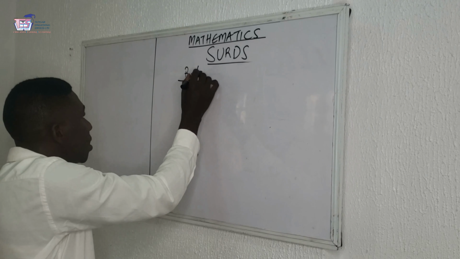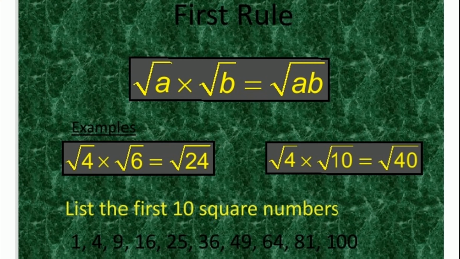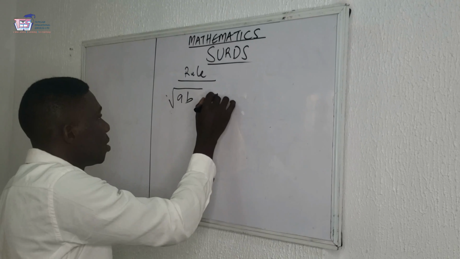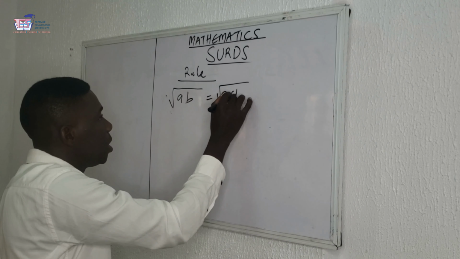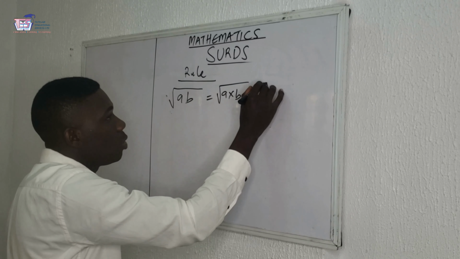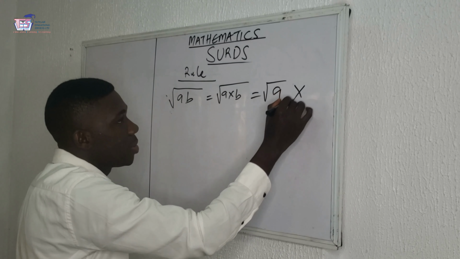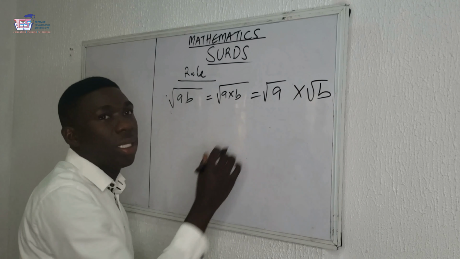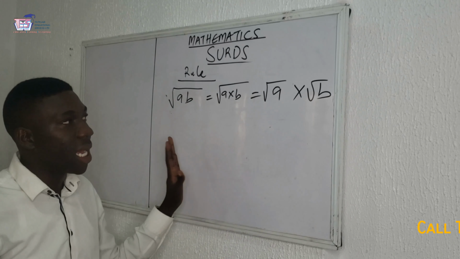And the rule is that if I have the square root of AB, it can be written as the square root of A times B, which can be written as the square root of A times the square root of B. This is very important.